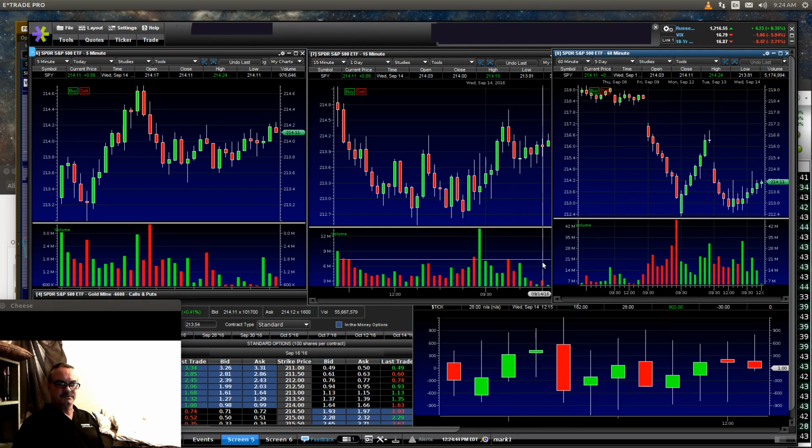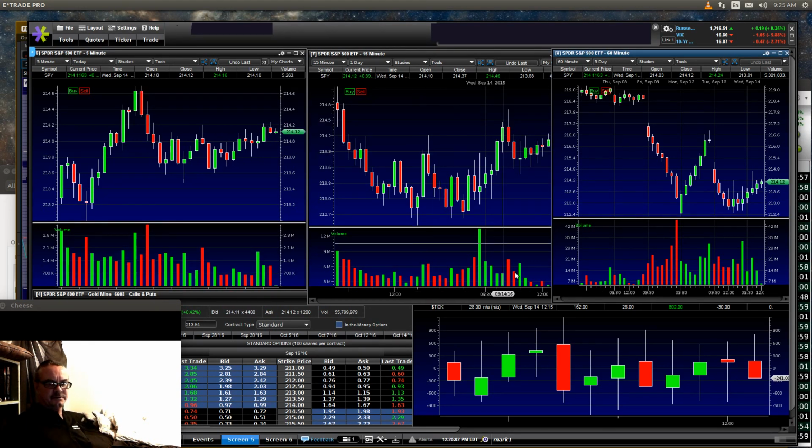Yeah, volume expansion on this little dude right here, and that sent it higher, and that's what it looks like on the 5-minute. Current candle's showing a little bit of an upthrust, but no volume so far behind it to make it noteworthy.